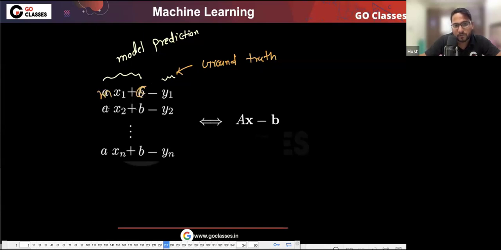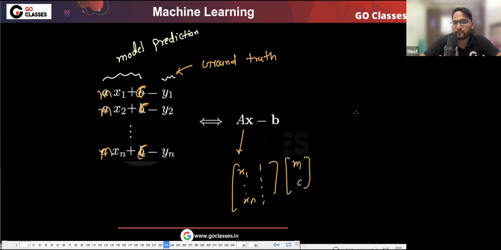Suppose m and c are the parameters. So basically this A will be x1 to xn, and then all the ones, and then this x will be m and c. Minus b. b is your ground truth basically, y1 to yn. It is the given vector, the ground truth that we want to achieve.